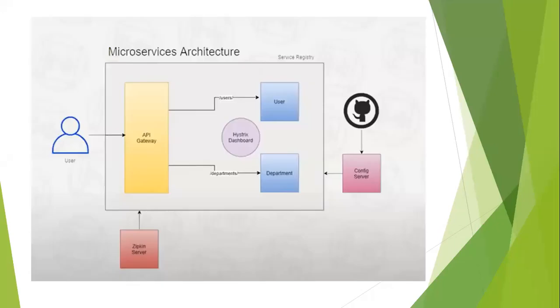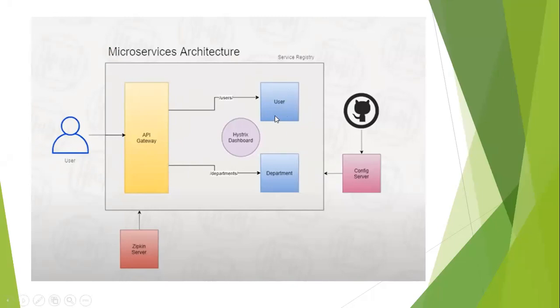Now we'll discuss microservices architecture. So how it looks here: whenever a user makes a request, it comes to the API gateway, which redirects the request to the appropriate microservice.